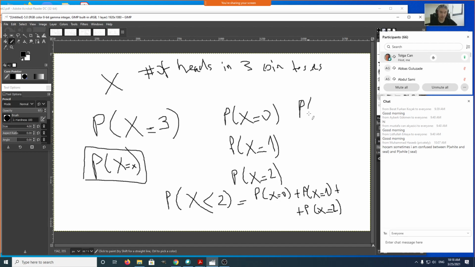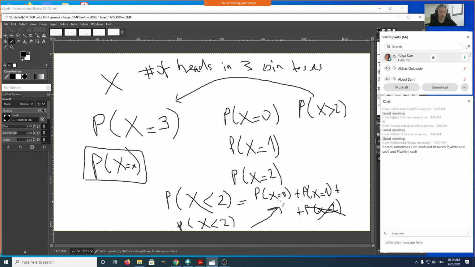And I can ask other probabilities also. What is the probability that X is greater than 2? This will be the same as this one in this particular example. But we can ask inequalities like this, less than or equal to type of things, or less than 2. For example, the probability that X is less than 2 is not going to contain this one.